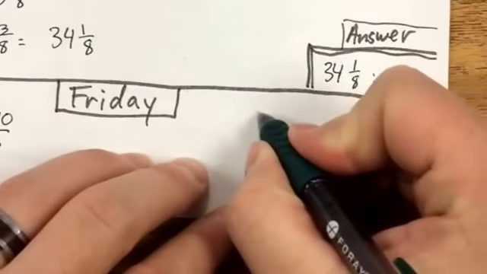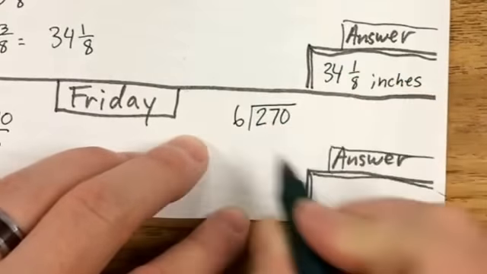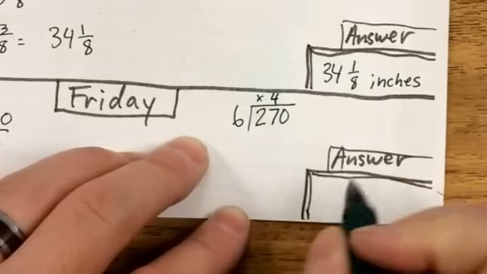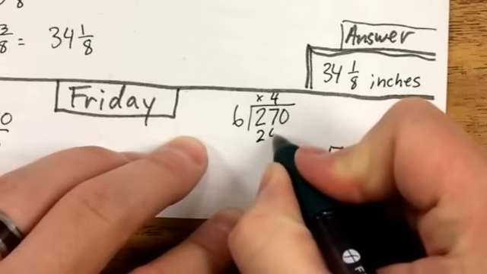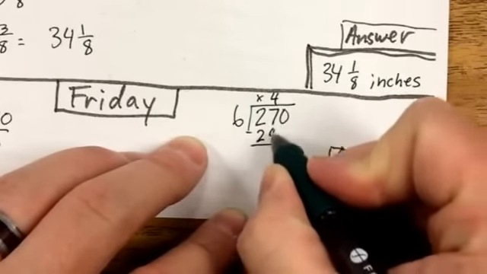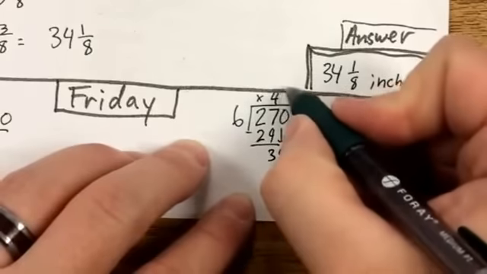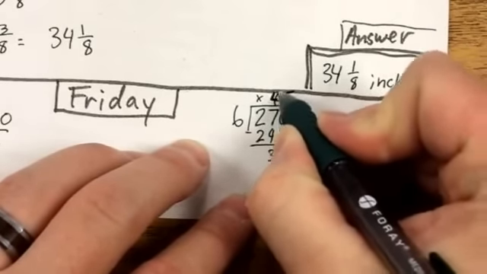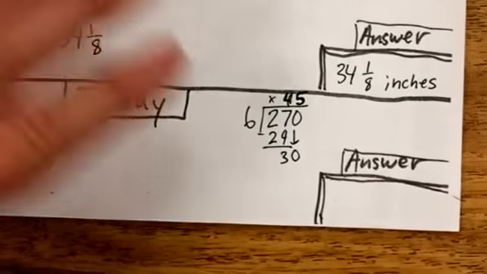So I'm going to do that work over here. 270 divided by 6. 6 cannot go into 2. 6 can go into 27 4 times. 4 times 6 is 24. 7 minus 4 is 3. Bring down our 0. 6 goes into 30 5 times. So that means that out of the 54 people, 45 people are planning to vote.